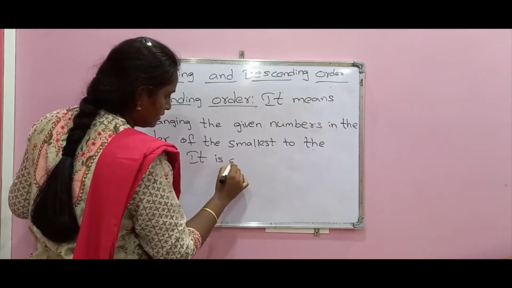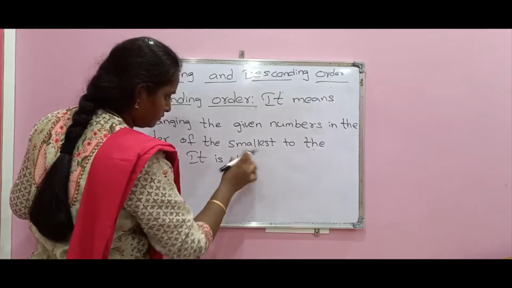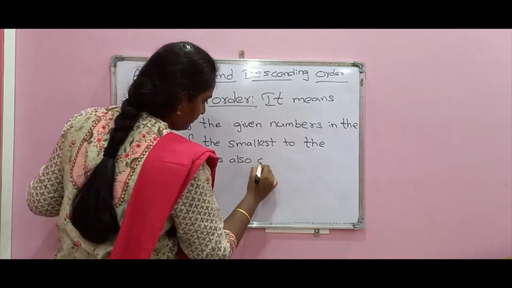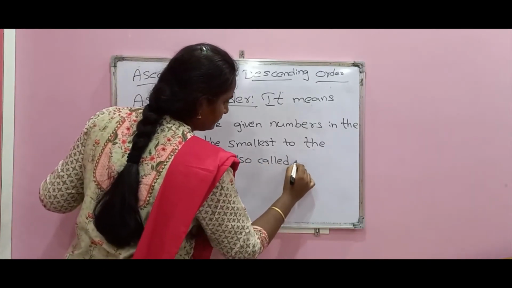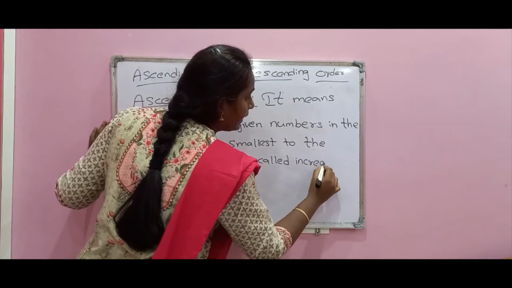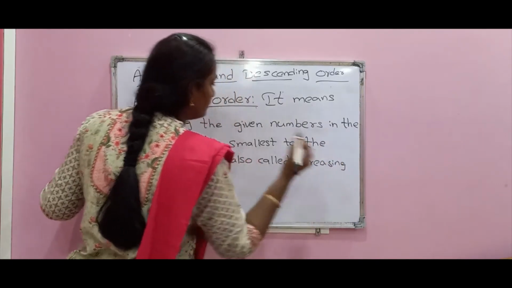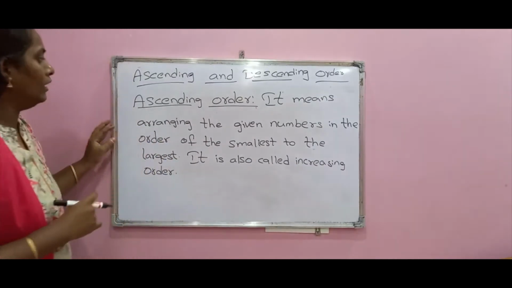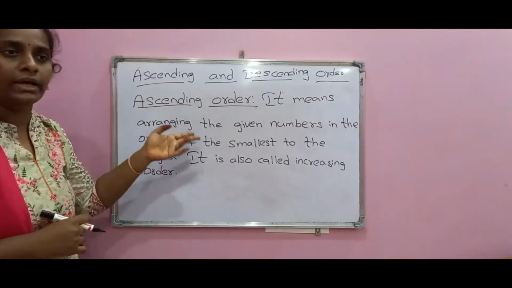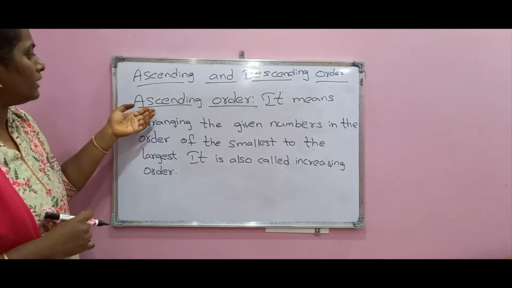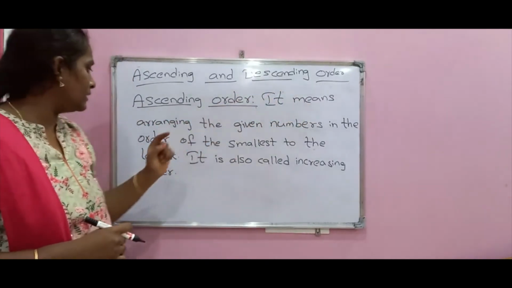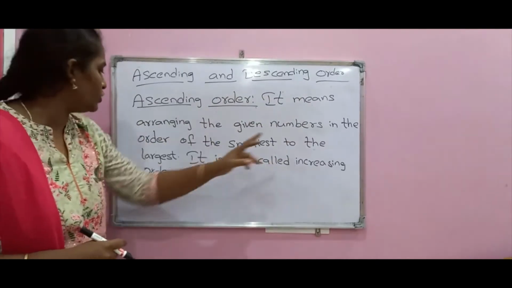It is also called increasing order. The ascending order is also called increasing order. What is the meaning of ascending order? It means arranging the given numbers in the order of the smallest to the largest.